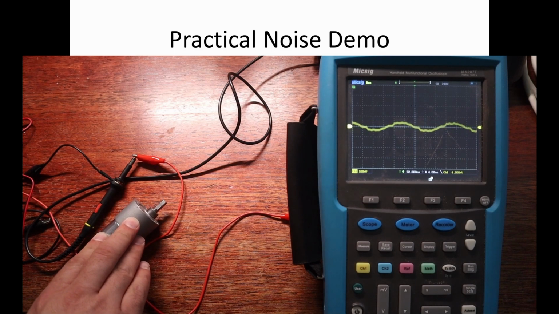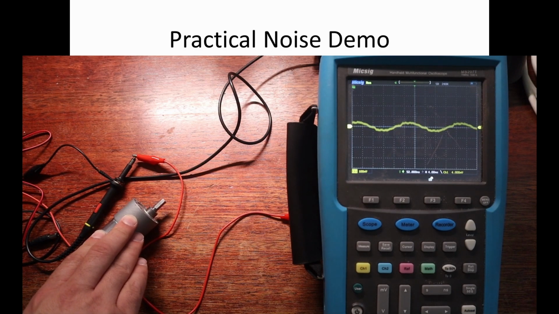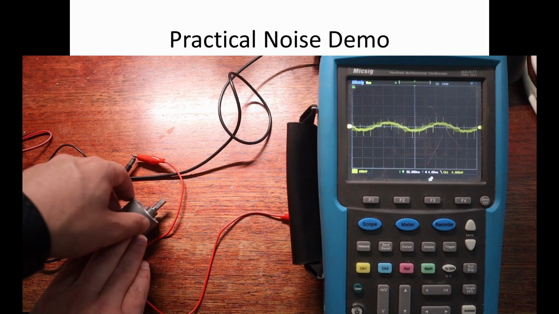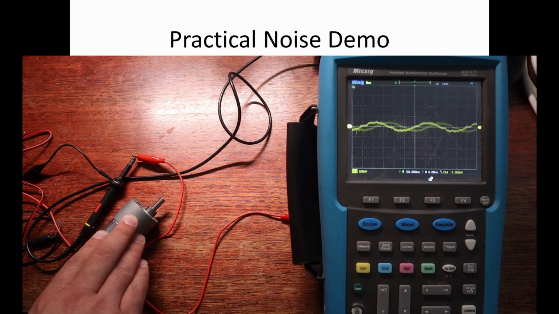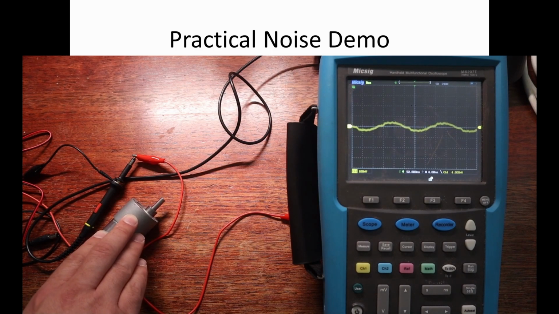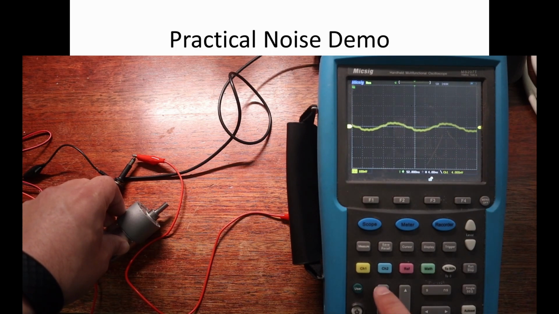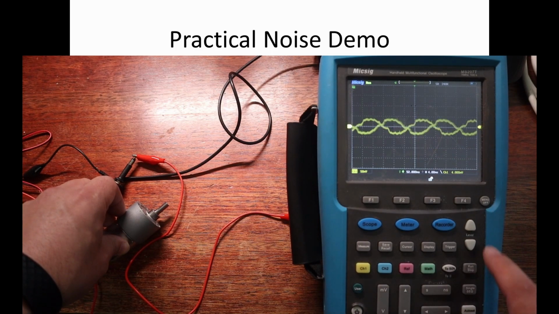But if I turn on and off my electric motor, you'll see that there's all these little peaks that are occurring now in our digital signal that aren't there when we had nothing there. So what we'd be expecting, what we'd be hoping for in a nice clean system is this is just a flat line because there's no signal in there. The only signal that we're getting at the moment is a noise-based signal.